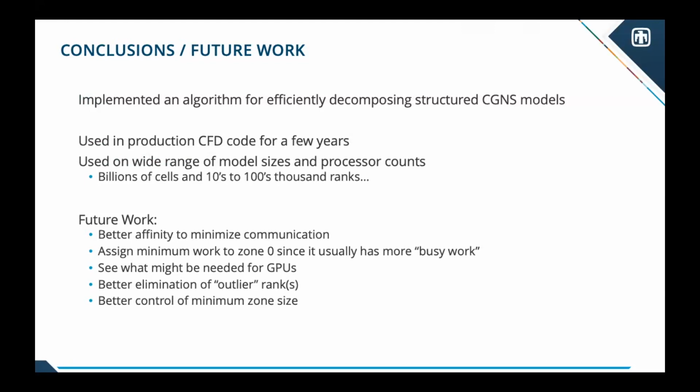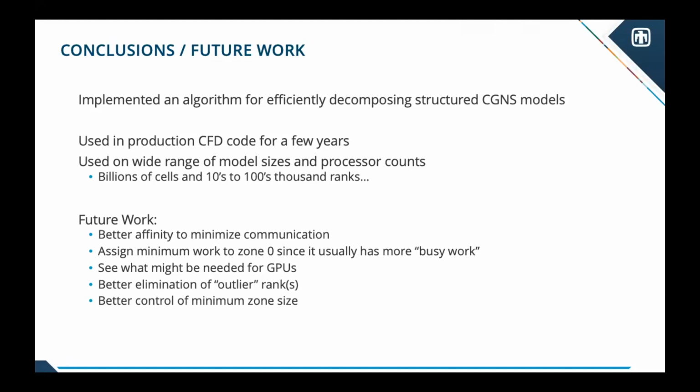In the future, we want better affinity when we split these zones. We want to keep them such that the communication paths are minimized, and we also may want to make it such that if we have a zone that doesn't have as much work as the others, we make that one zone 0, since zone 0 sometimes does other stuff like logging on some application codes.